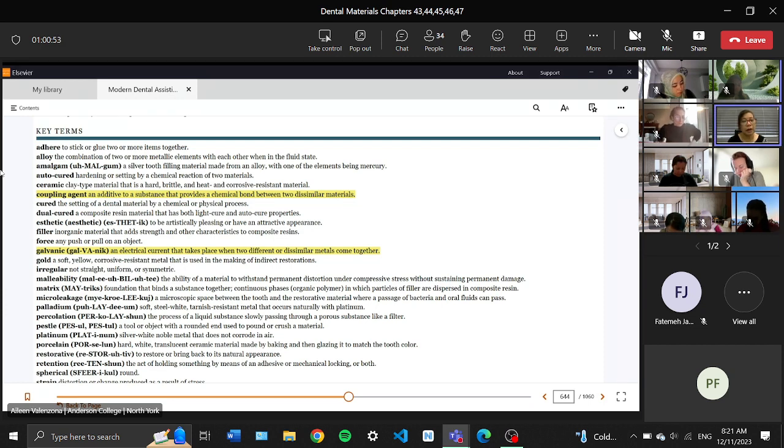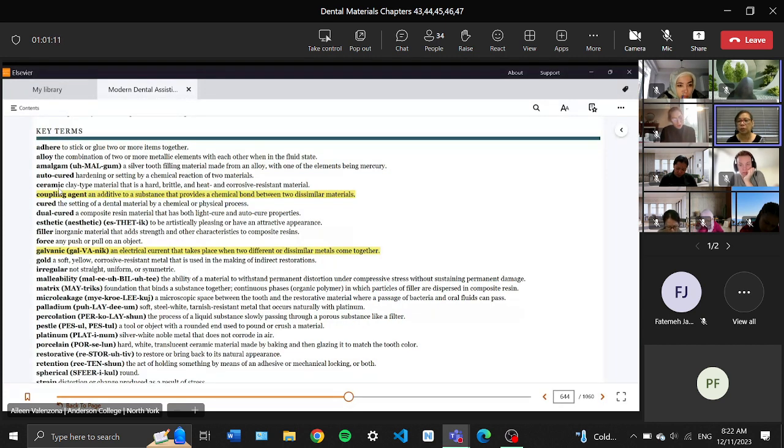Gold, a soft yellow corrosive resistant metal that is used in making of indirect restorations. I want you to understand the difference between direct and indirect restorations. Direct restoration is when the dentist does your restoration inside the dental office on your chair.